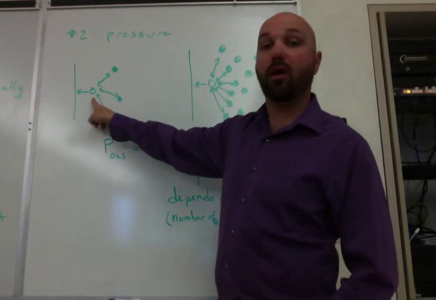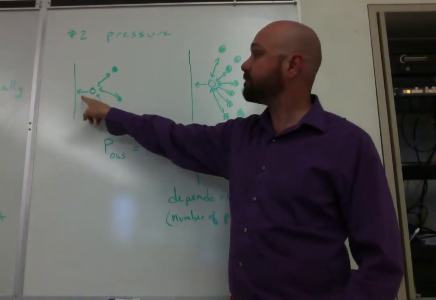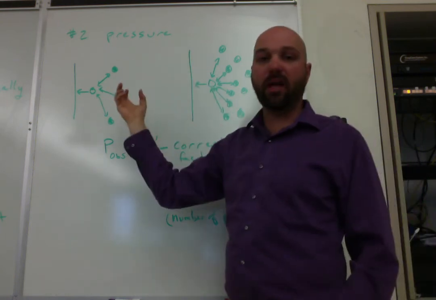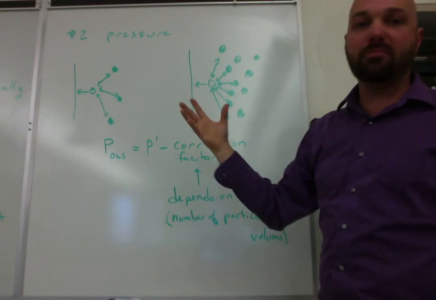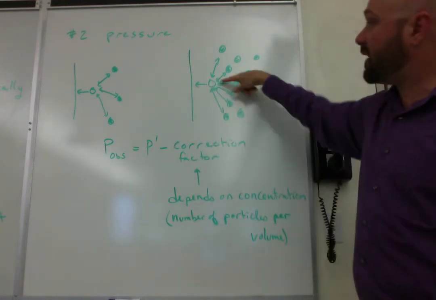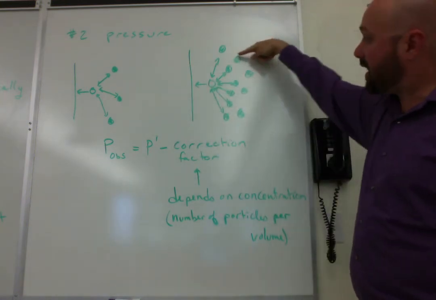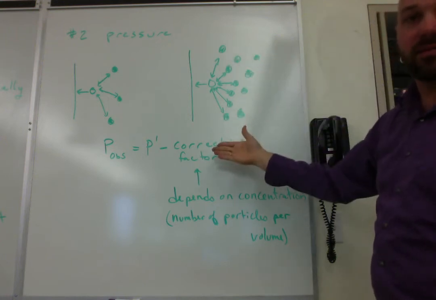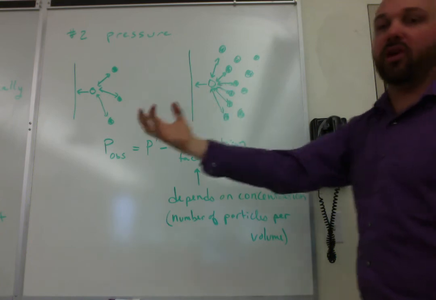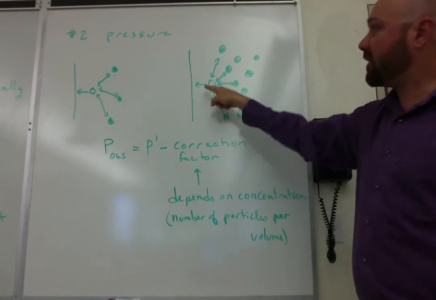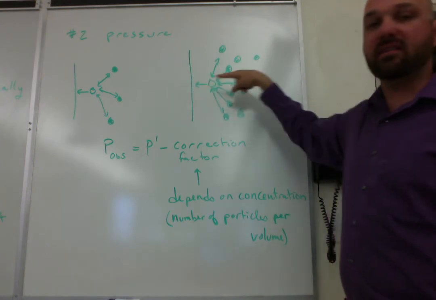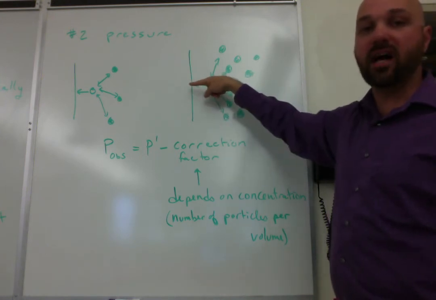If we have this one particle going towards the wall, and we have these three particles slightly pulling it back, not a big deal. But if we have this one particle in a whole mess of particles, the more particles we have, the more they're going to be pulling on that particle and reducing the amount of force that it's going to collide with the wall.